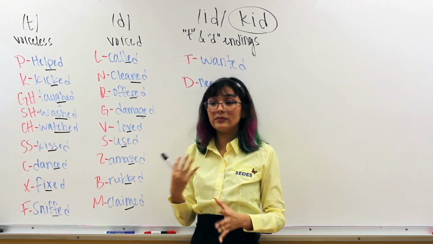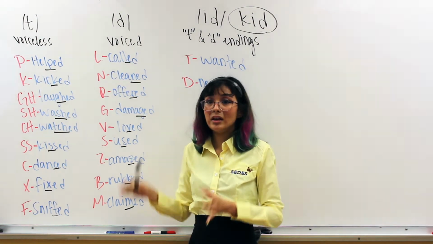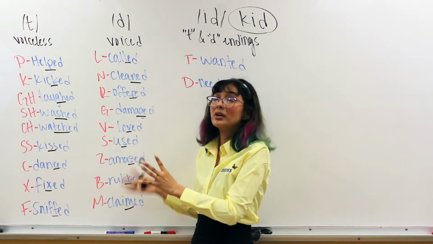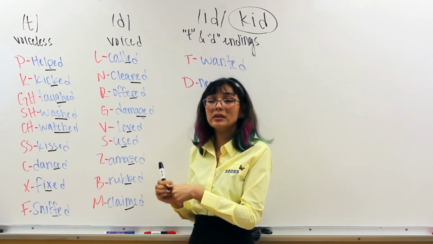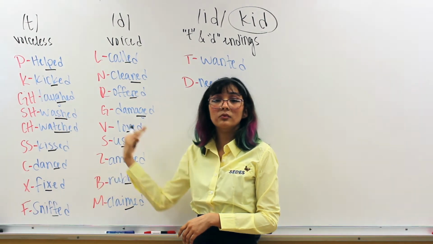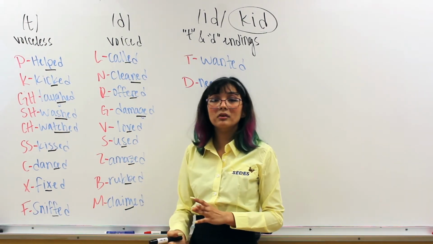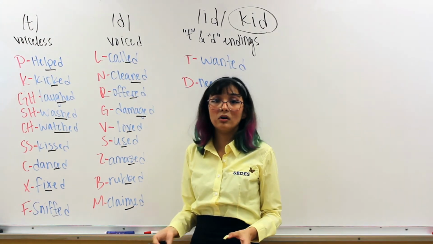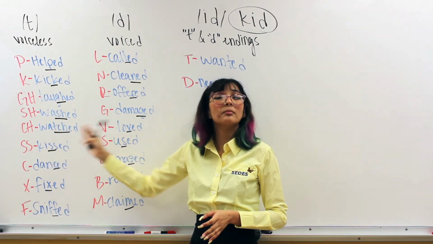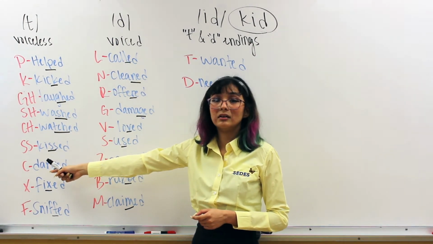Again, if you have any difficulties, like when you're practicing or when you're having a conversation, if you get to any of these simple past words and you cannot pronounce the letter D at that moment, just pronounce the letter T. If you pronounce the letter T with these words, it is more acceptable than if you just don't pronounce it at all. So again, this is the easier one to pronounce. So if you cannot pronounce the letter D at the moment, try to use the letter T, okay?